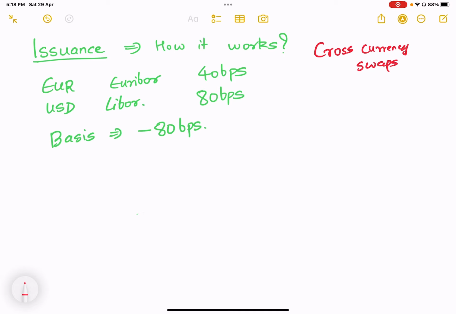So maybe this will clear concepts on the scale of how money is issued by different corporations. It's a very simple example, and I have chosen some numbers based on some bookish example, but it should help clear the concept.